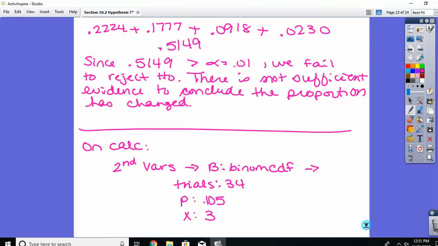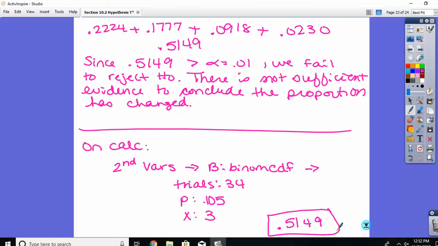So then if you enter a couple times, it brings up your probability, and it says 0.51487, so 0.5149. Same thing we got when we did it by hand. So you are free to use this now. In the scenario where your n times p times 1 minus p is not bigger than 10, then we treat it as a binomial, and we do it this way. I think that might be like the very last homework question on that section.